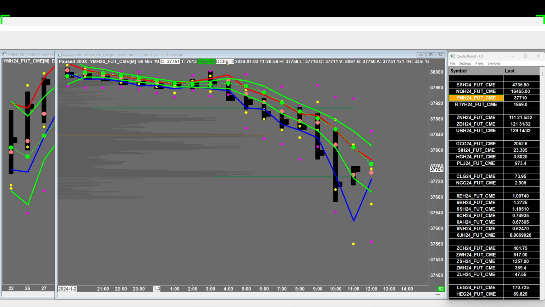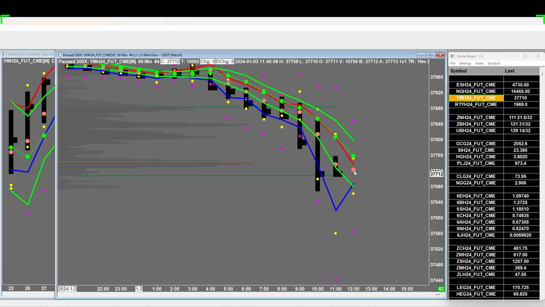So let's go ahead and just play this. Okay, so there you can see the point of control shifting down here. So we're accepting these prices down here, right? If I was interested in potentially buying, the fact that we just shifted and accepted lower means I wouldn't have an order here, because we're accepting lower.